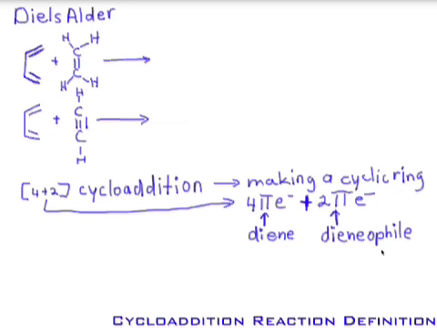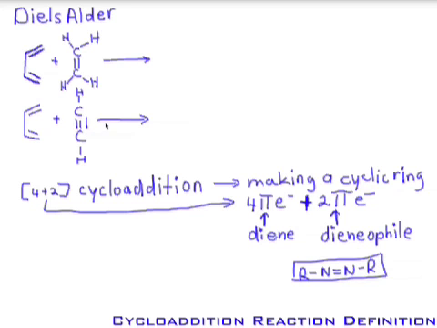Other pi systems that could do it are alkenes, alkynes, or molecules that might be like R, N, double bond, N, R. You could for example use some strange nitrogen pi system as a dienophile. So the alkene or alkyne is the dienophile, whereas the 1,3-butadiene is, of course, our diene.